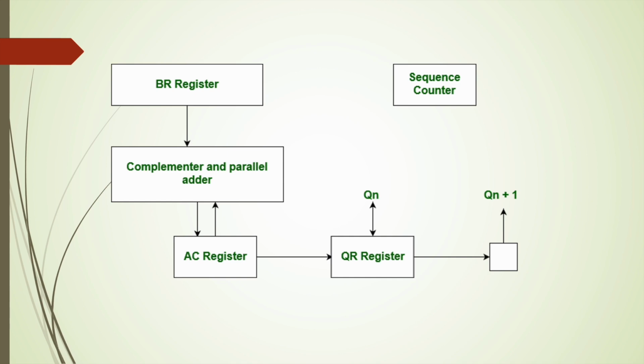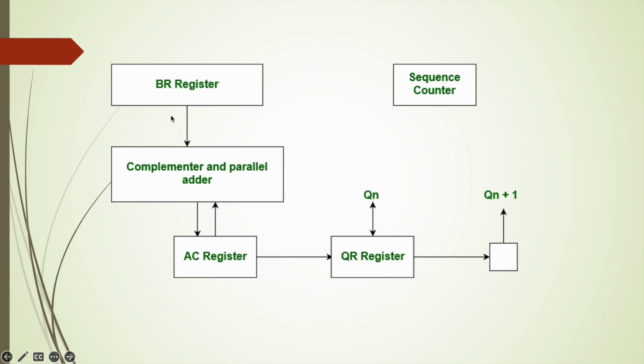So these are the circuits or registers required for calculating the Booth multiplication algorithm. So here we have a BR register. BR register contains multiplicand and AC register which is initially 0. This AC and QR act as shift registers. The final product will be in both AC and QR, and QR contains multiplier.